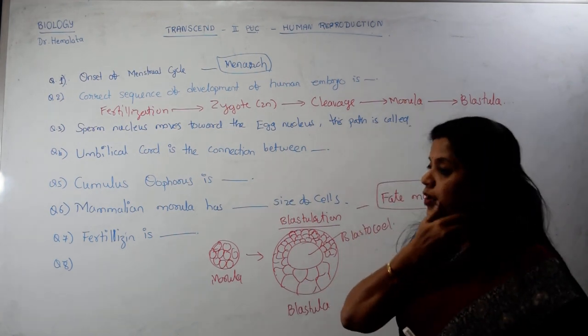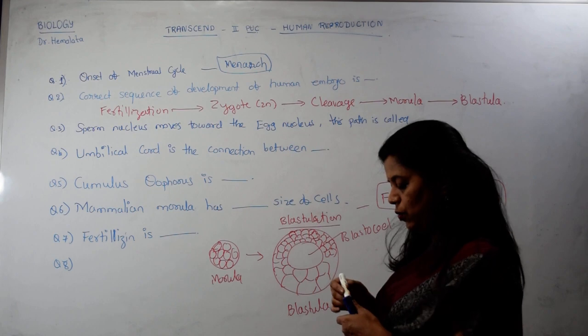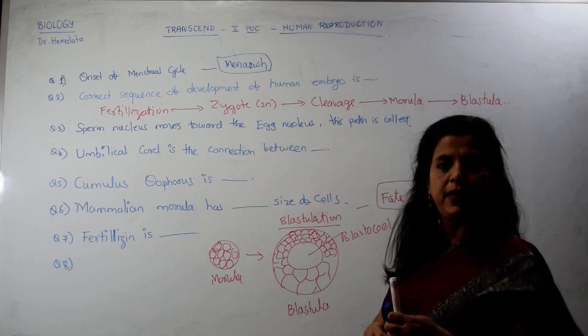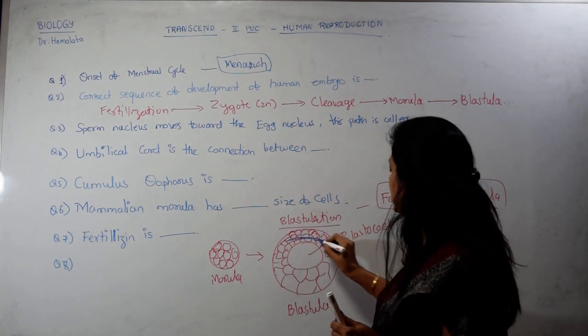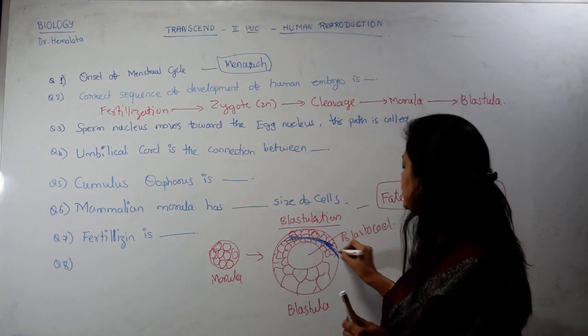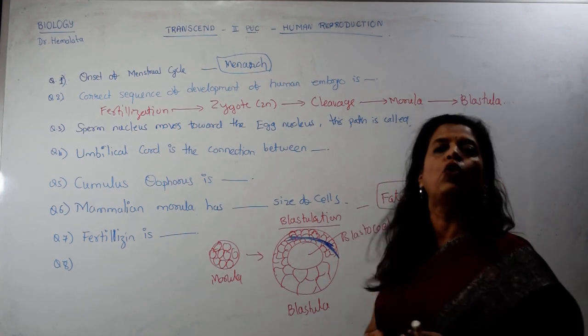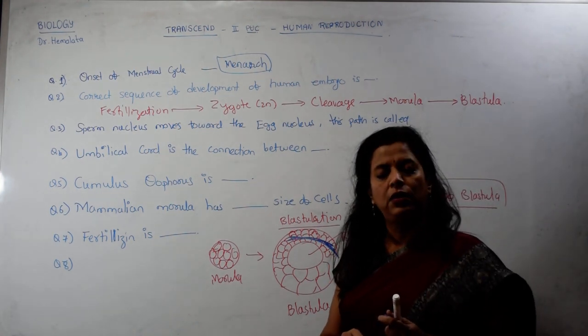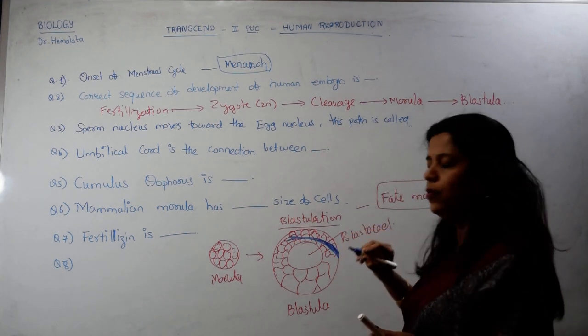Different parts will take different types of stains, right? Some part here will take a blue color, some will take a red color, or it will become demarcated like this. So this is going to become the notochord in future. The first thing to identify is the small area where the notochord is formed, right?